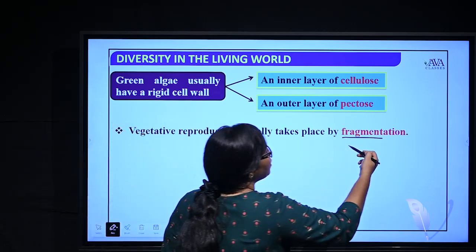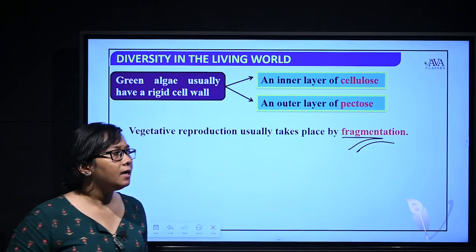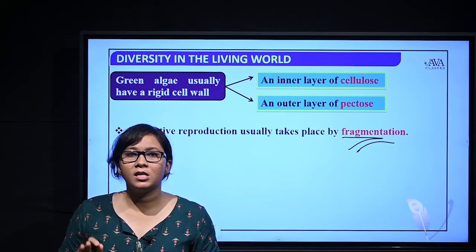And why does this fragmentation process occur?